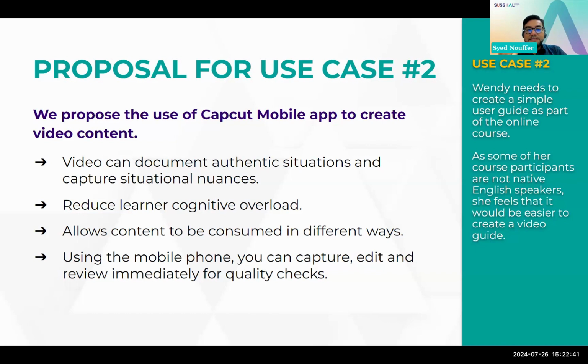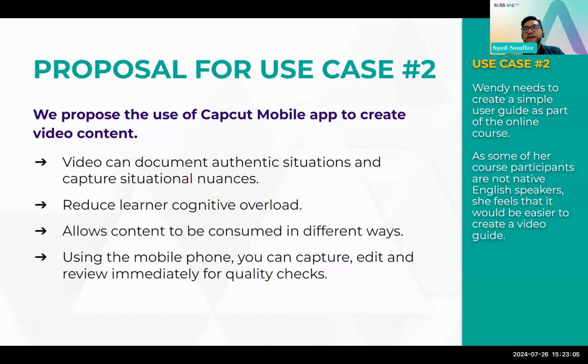The third part is it allows content to be consumed in different ways. By this, I mean that some content is consumed through different channels. You may look at it to see the visuals, you may read elements in the video, or you may just listen to it.